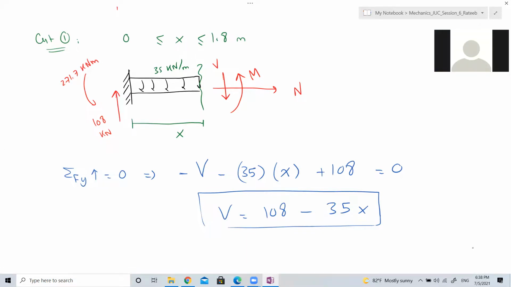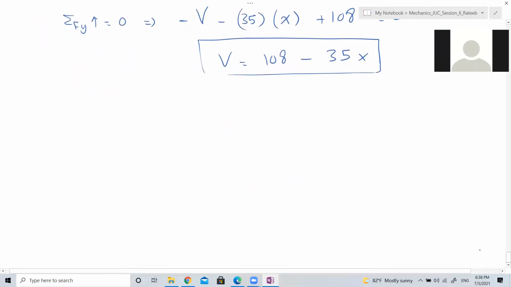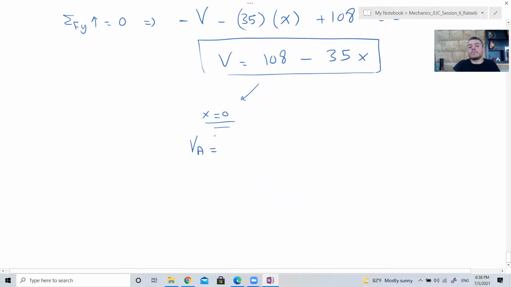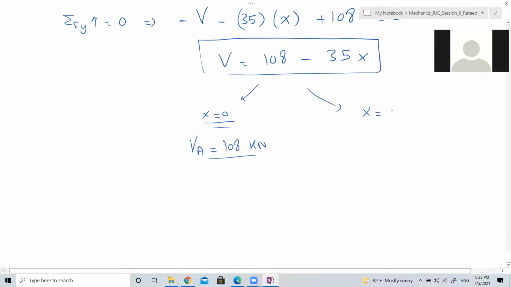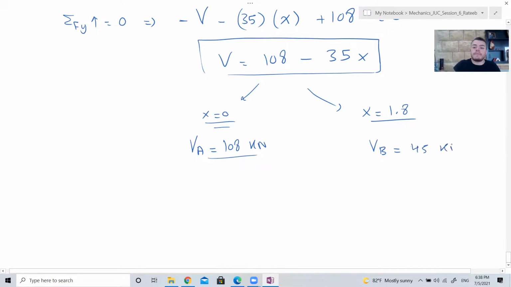At x equals 0, the shear at A is 108. At x equals 1.8, the shear at point B would be 108 minus 35 times 1.8, which is 45. Clear so far?